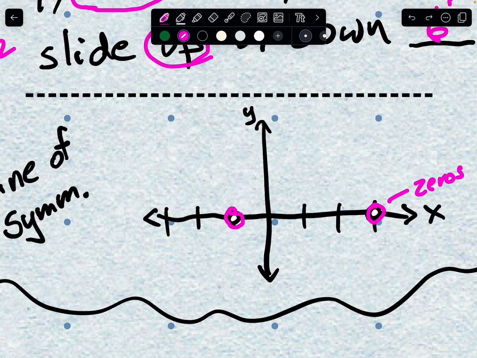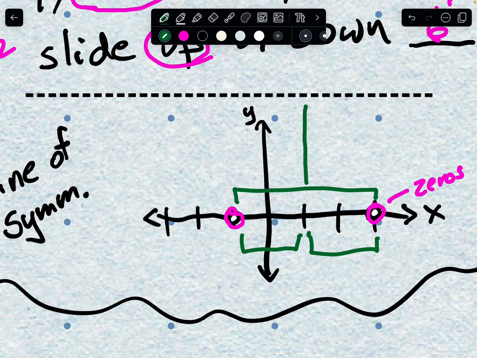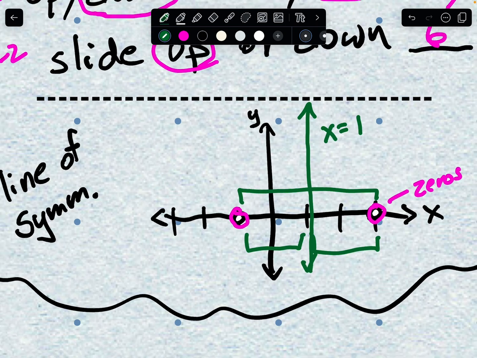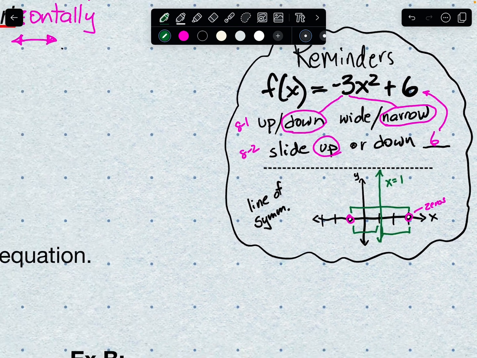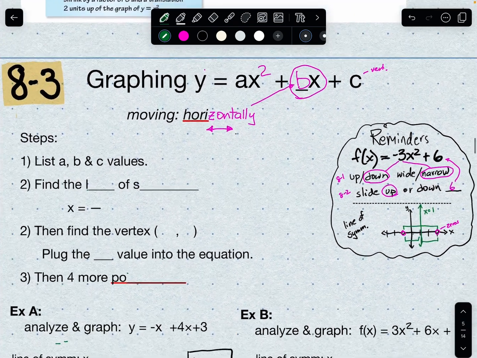So based on the zeros, we can find the line of symmetry. The distance from here to here was 4, so if I break that in half, my line of symmetry is right here. As long as my units below are 1, the line x equals 1 is the line that's going to cut it in half. That make sense?